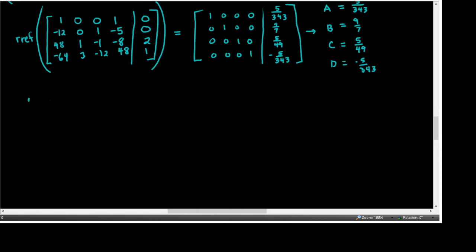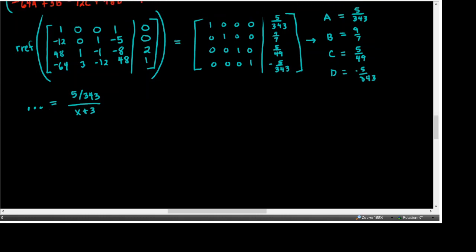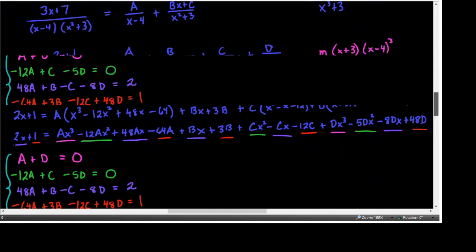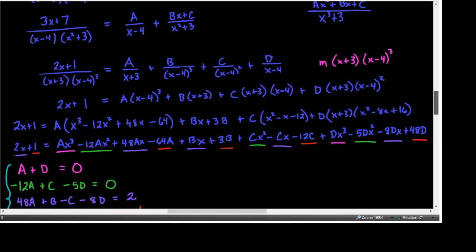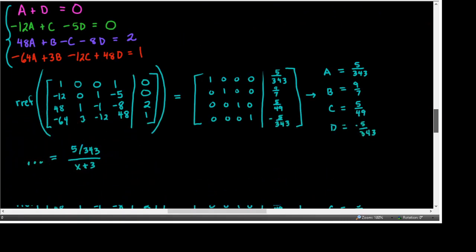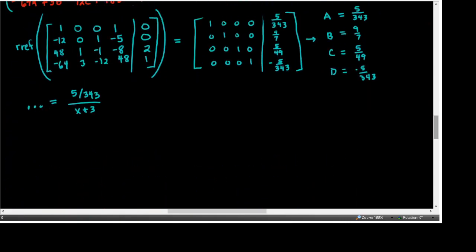Oops. So from above, that's equal to 5 over 343 over x plus 3. Let's see, what was the next one I wrote? B over x minus 4 cubed. Okay.